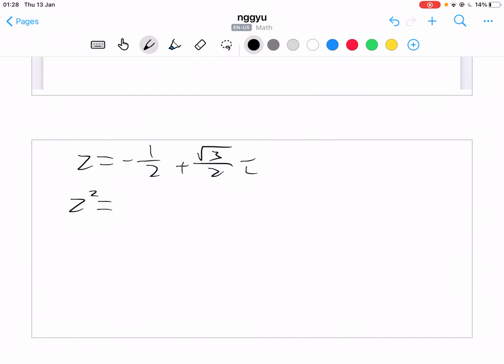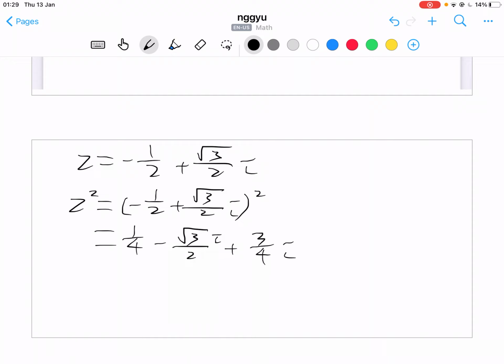Okay, z squared is (-1/2 plus √3/2 i) squared, which is equal to a squared plus 2ab plus b squared, and then plus 3/4 times i squared.